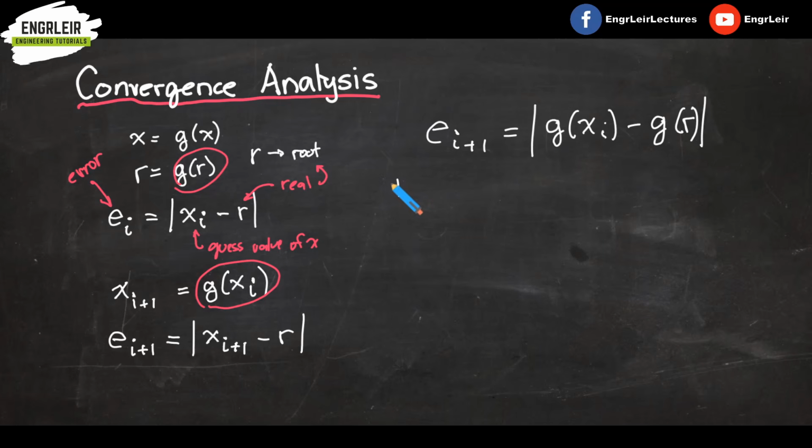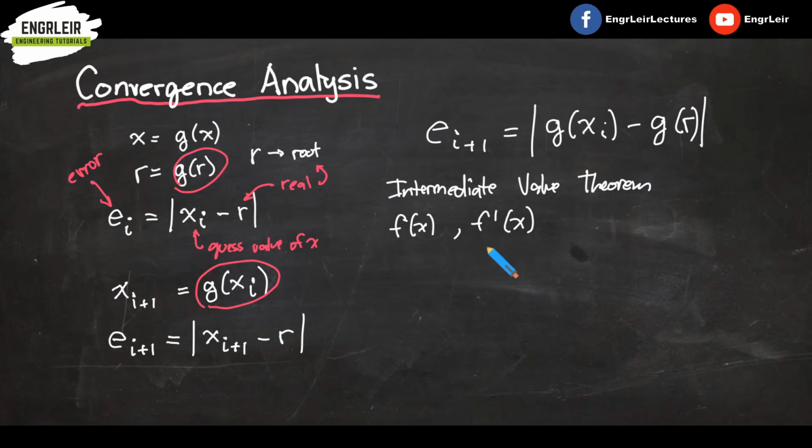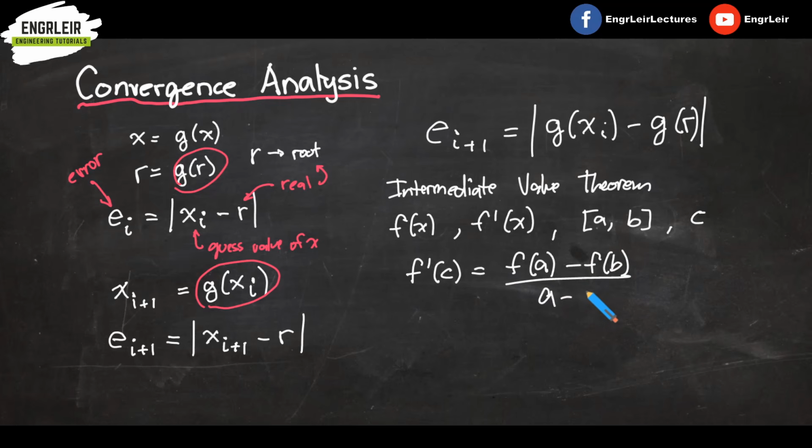Now, sa calculus, meron tayong tinatawag na intermediate value theorem. Ang sinasabi lang nito, if meron kang function at yung derivative niya ay nag-e-exist, pwede mong i-derivative yung function na yon sa limits a hanggang b, merong point c sa gitna ng a, b, such that yung derivative ng function at point c is actually equal doon sa function at point a minus function at point b over a minus b.